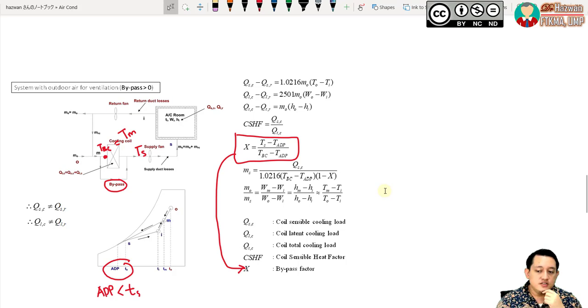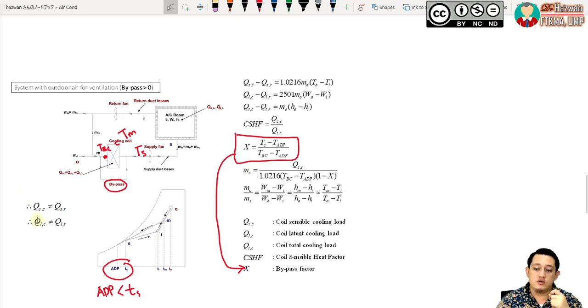So I forgot to mention this one in the previous lecture. Because we have a different temperature and humidity ratio before and after the cooling coil, and also a different temperature and humidity ratio before and after the room, the sensible heat of the coil is not equal to the sensible heat of the room.